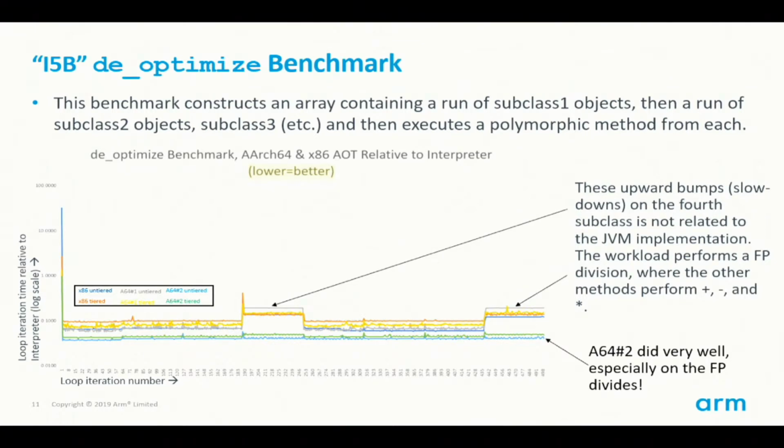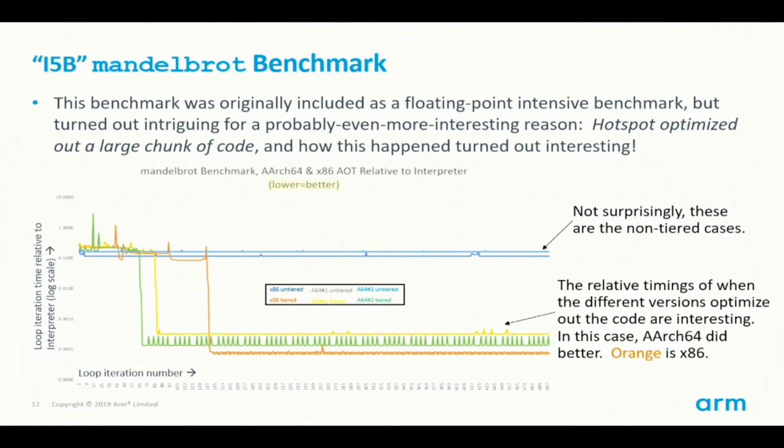And by golly, floating point divides are much slower than floating point adds, and so forth. Except for, look at this second AArch64 core. Apparently it has a dang good floating point divide there. Interesting. Anyway, I'm babbling too much on this one.